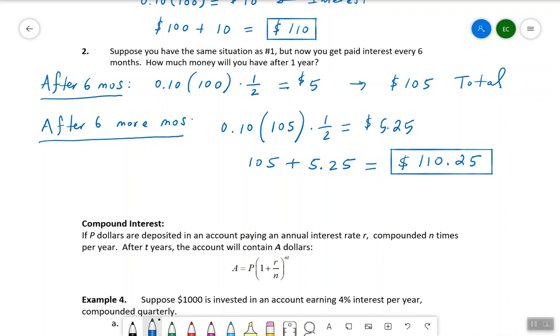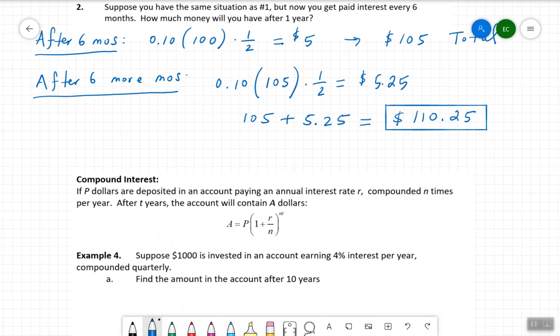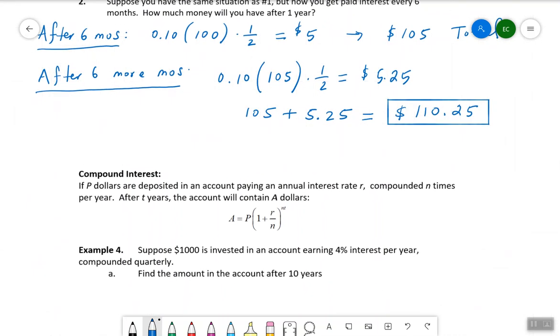So here is a formula for compound interest, and it says if P dollars are deposited in an account paying an annual interest rate R compounded N times per year, then after T years, the account will contain A dollars.